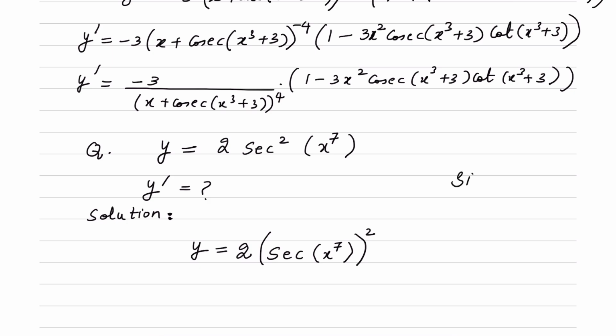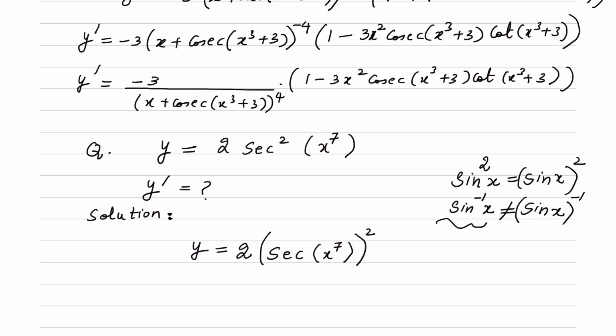Just remember that whenever on a trigonometric function there is a positive power, you can write it as sine x whole power. But whenever there is a negative power on a trigonometric function, it cannot be written as sine x of the whole power as minus 1, because this sine inverse x is usually written for the inverse trigonometric function.